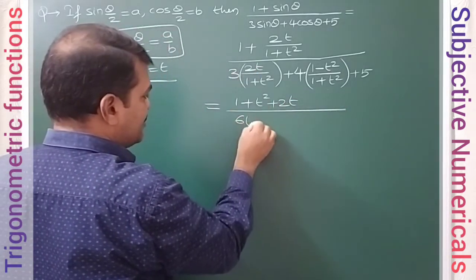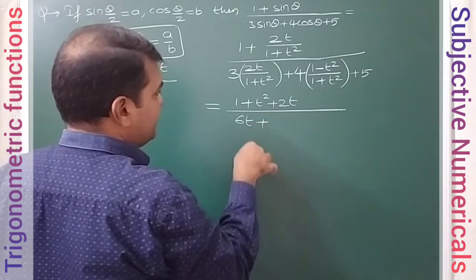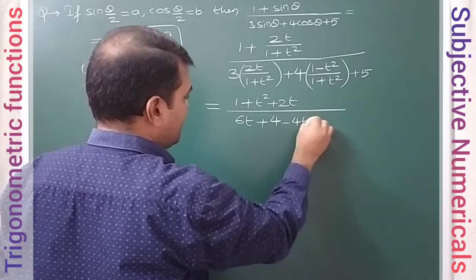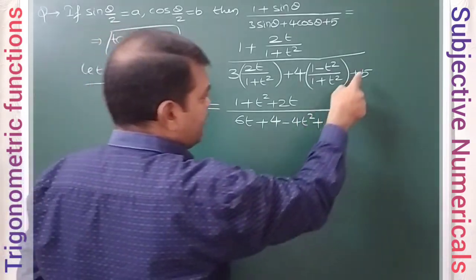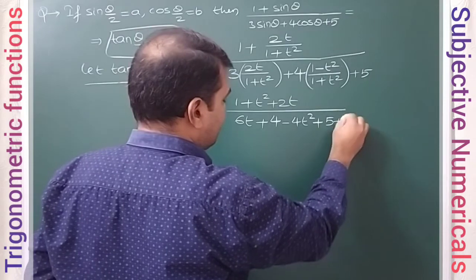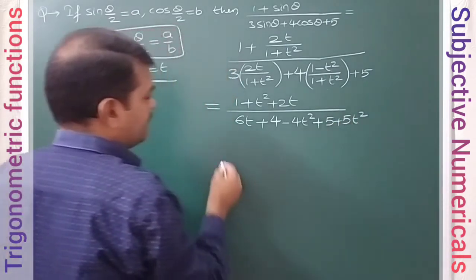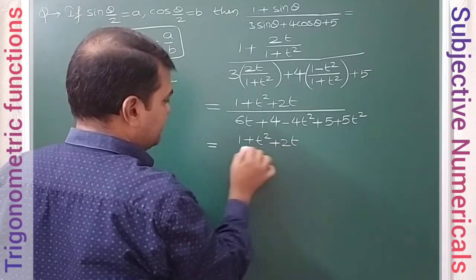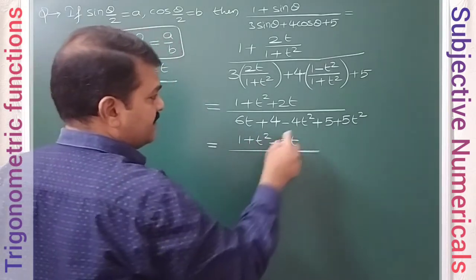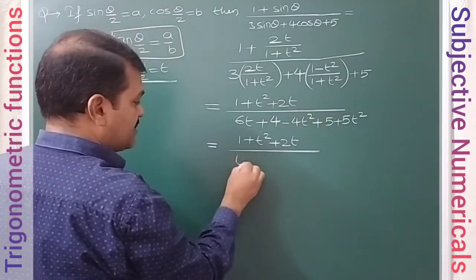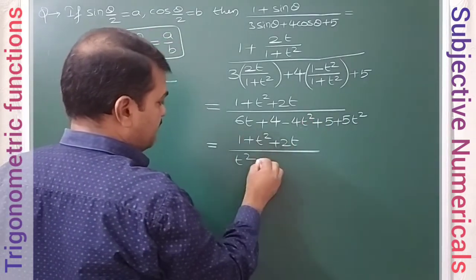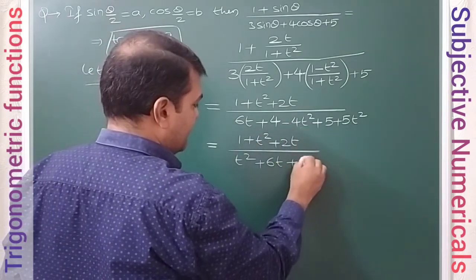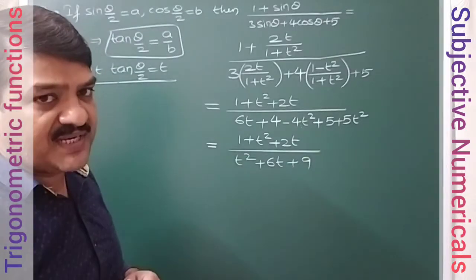Denominator we will get 6t plus 4 into 1 minus t square, means 4 minus 4t square, plus 5 into 1 plus t square, so 5 plus 5t square. So 1 plus t square plus 2t, denominator 5t square minus 4t square means t square, plus 6t, 4 plus 5, 9. So this is what we are getting.